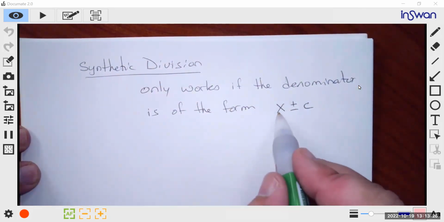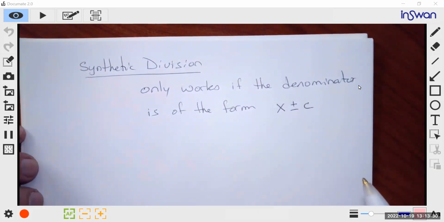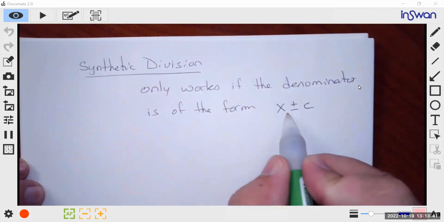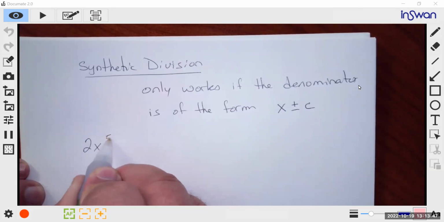In other words, the x on the bottom cannot have a coefficient or an exponent or anything. It only works, okay, so we had this example.